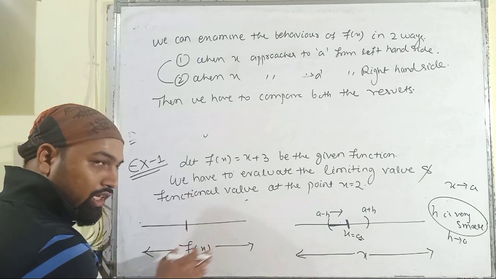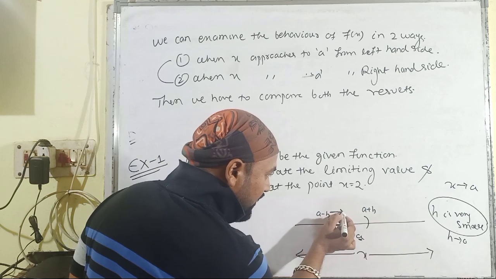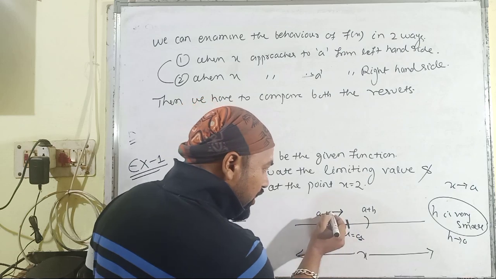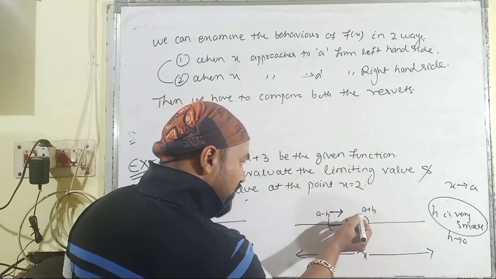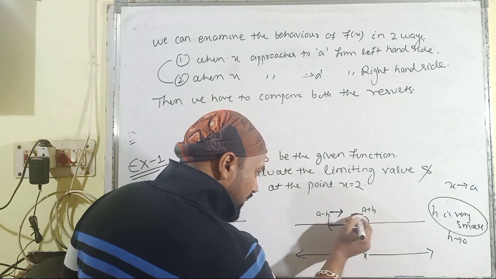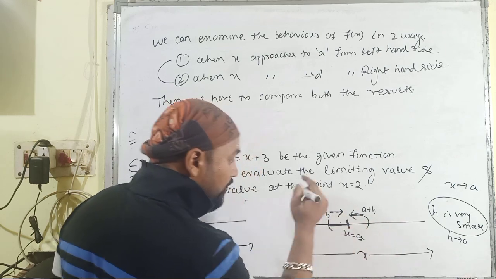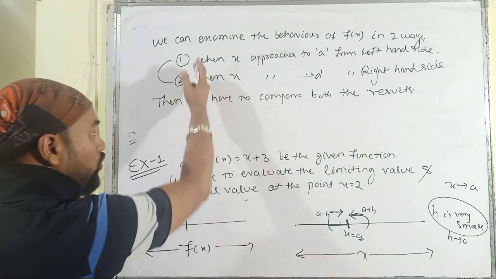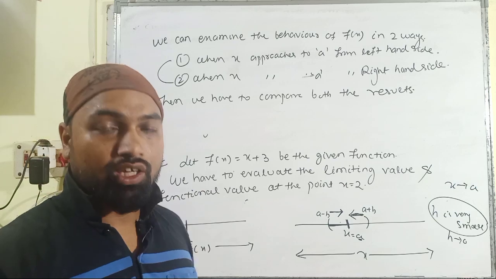What result you get whenever you move from the left hand side up to the point nearest to A, not A itself, and then again you have to check the behavior of f of x from the right hand side when x approaches A, nearest to A, not equal to A. And then you have to compare both of the results, and then find out the limiting value.